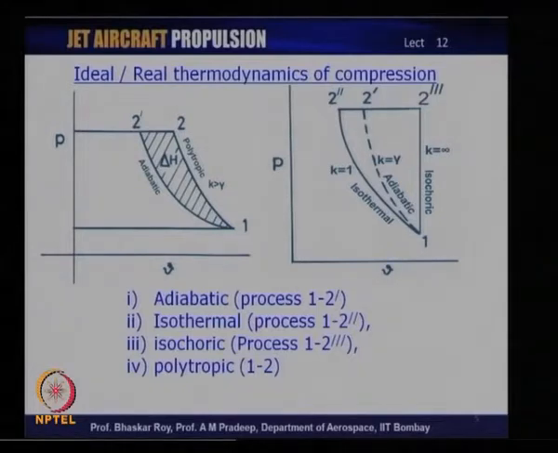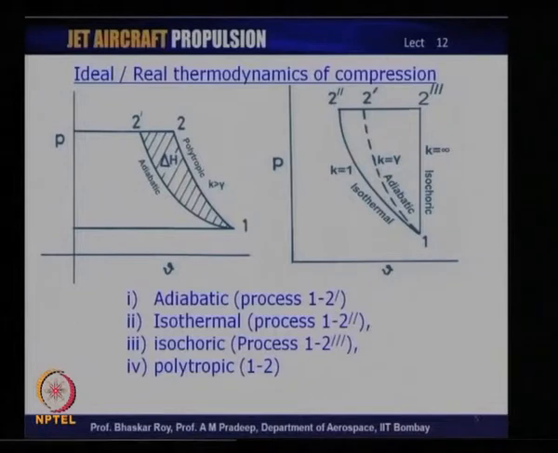If it is a reversible adiabatic, we would probably call it an isentropic process. Now, these are the two processes with which we could start off, and the difference between the two is delta H. That is the extra work that needs to be done to accomplish the pressurization from pressure 1 to pressure 2, from line 1 to line 2, and this process of pressurization requires that much extra work if the work done is not ideal, that is adiabatic, but polytropic.